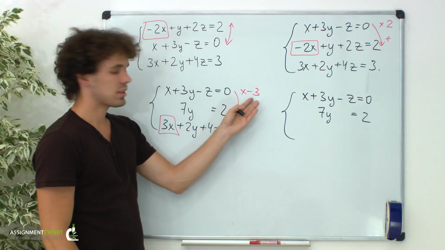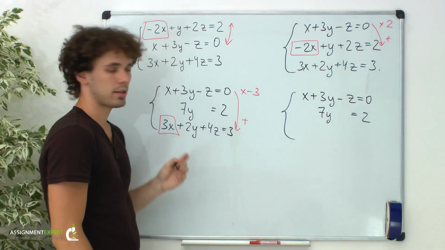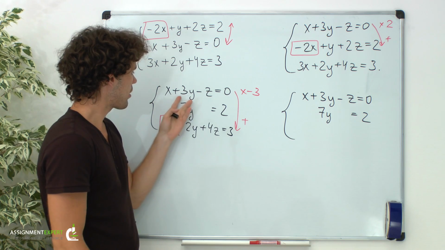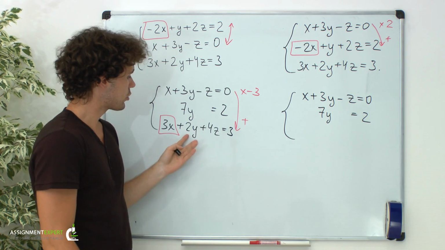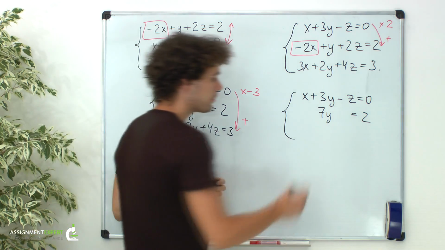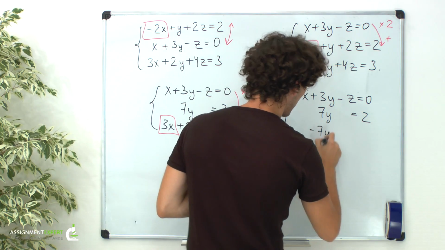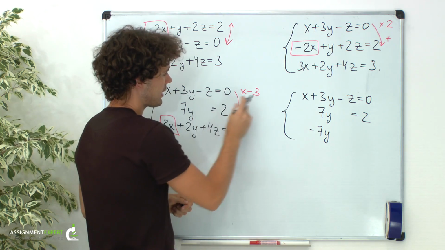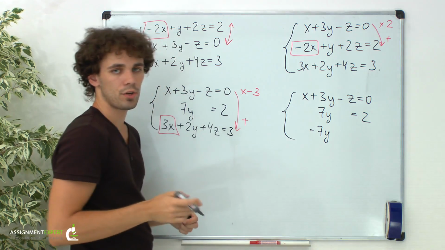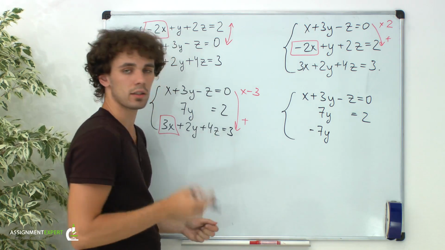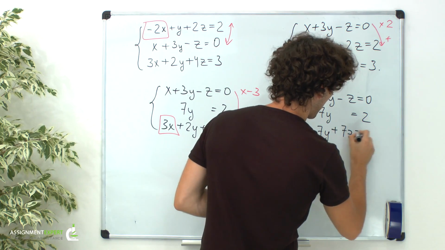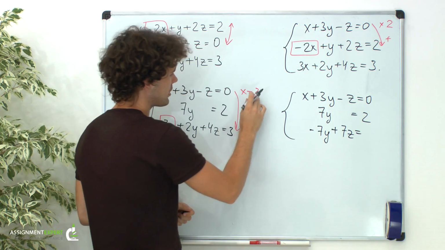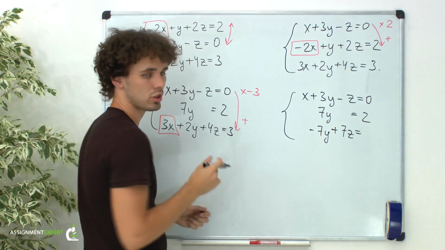Now x times negative 3 plus 3x gives us 0. Then 3y times negative 3 is negative 9y plus 2y gives us negative 7y. Negative z times negative 3 is positive 3z plus 4z gives us 7z. And this is equal to 0 times negative 3 plus 3, which is 3.